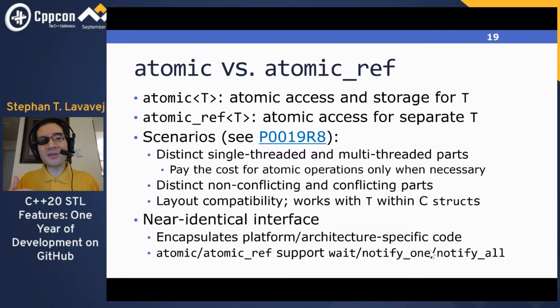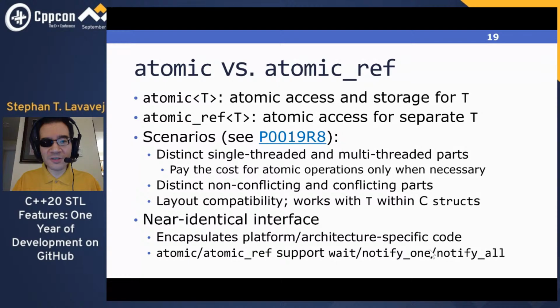And it's not going to let you directly manipulate that T. Atomic_ref is different. It separates this by saying, okay, I will control the atomic access, but I don't own the T. The T is somewhere external, and I'm just a reference to it. This is kind of like reference_wrapper that stores a pointer, but otherwise behaves like a reference. Atomic_ref essentially stores a pointer, but otherwise behaves like an atomic.